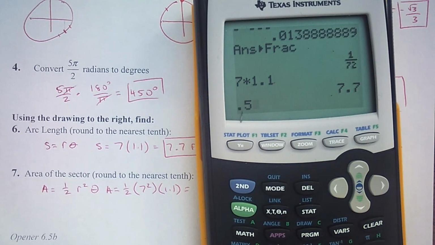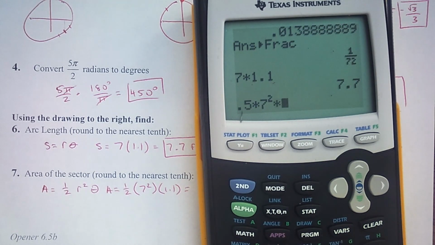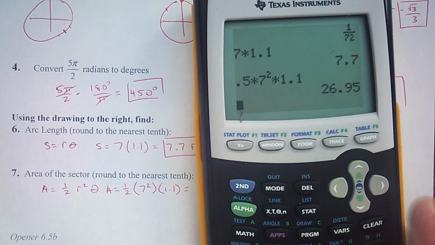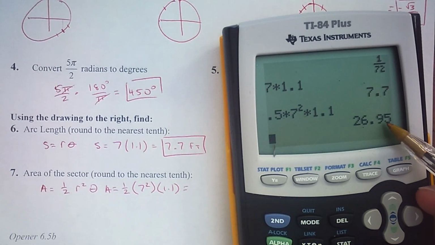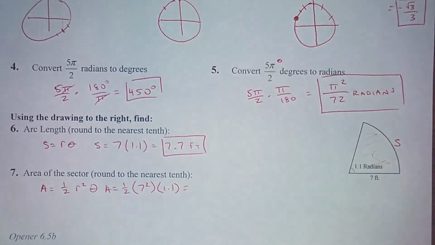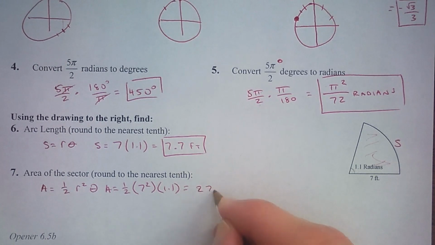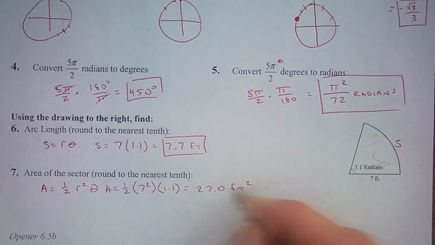So 1/2 times 7 squared times 1.1 is 26.95. And it does say round to the nearest tenth. So to round this to the nearest tenth, we would actually round that 9 up to a 10. So it would actually be 27.0 feet squared.